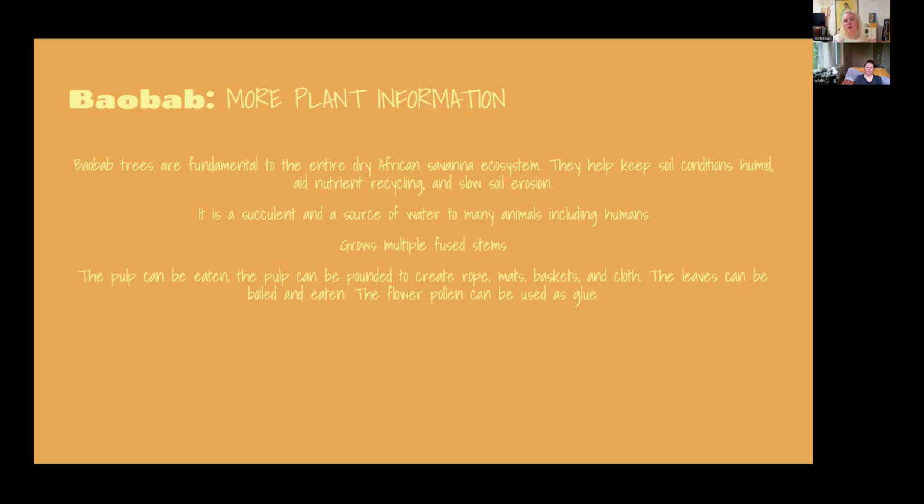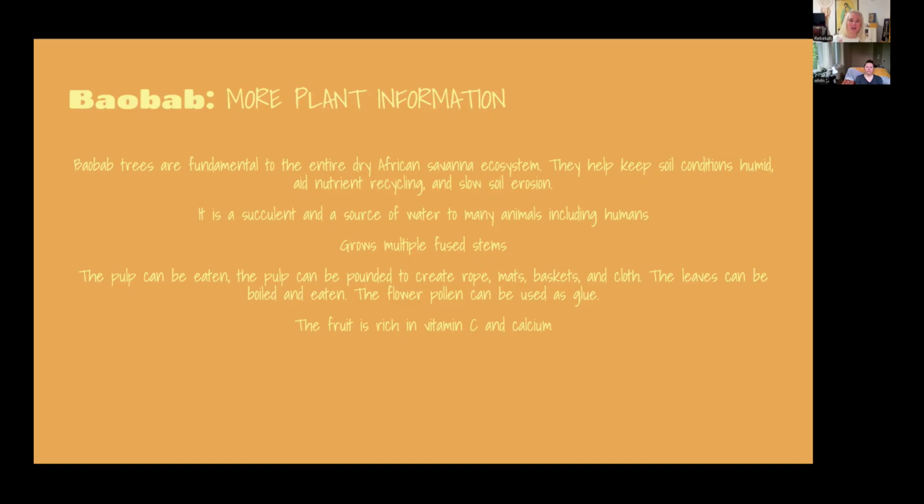The pulp can be pounded, and you can create ropes, mats, baskets, and cloth with it. The leaves can be boiled and eaten. The flower pollen can be used as glue. It's really a useful tree for life in the African savanna, as well as other places, Madagascar, Australia.